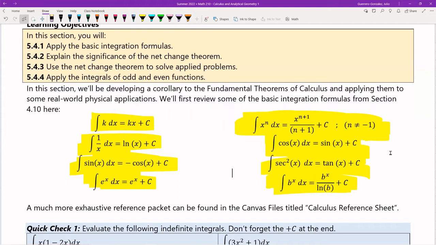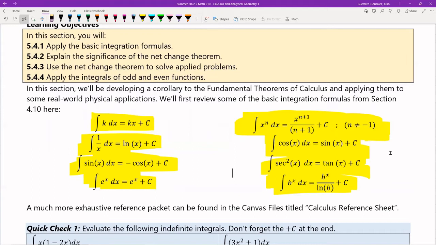A much more exhaustive reference packet, which has many more integrals just in case you ever need them, can usually be found inside either the front end or the back end of a calculus textbook. I've chosen one out for you to have. I think it's a good 10 to 12 pages of just math facts, a good 10 pages worth of just calculus.